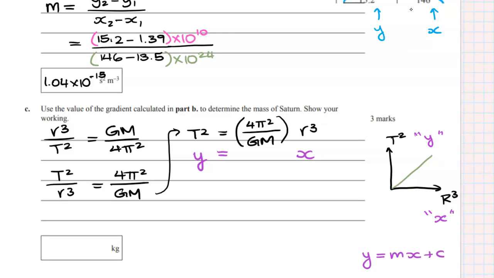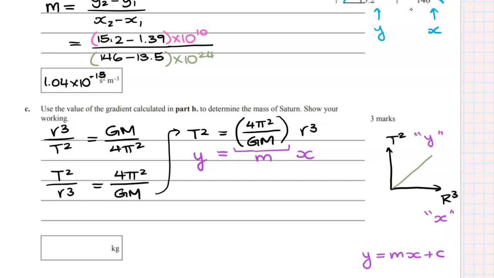When you first learnt this, perhaps in year 8, you learnt that the number multiplied in front of the x is m. So that means this value here is m. The gradient of our graph is equal to this constant, 4 pi squared divided by g times the mass of Saturn. That is really helpful.